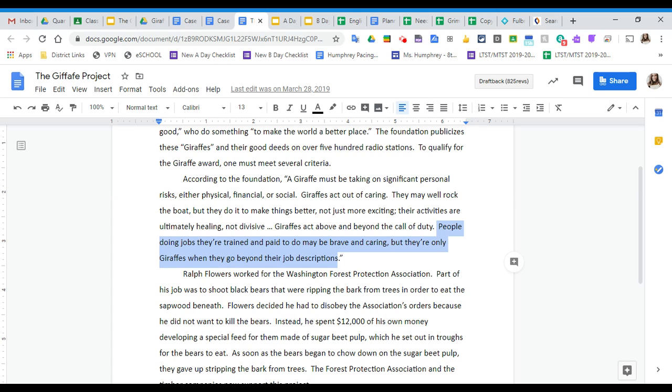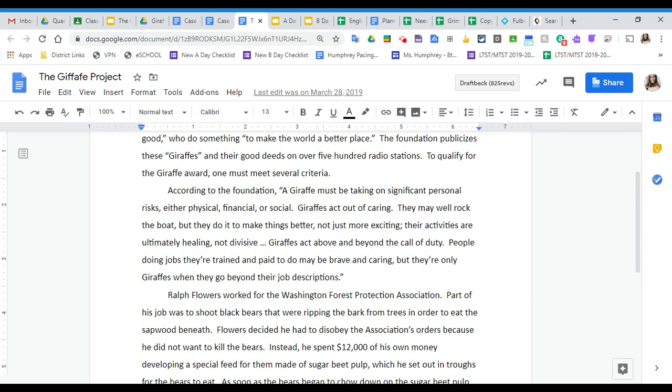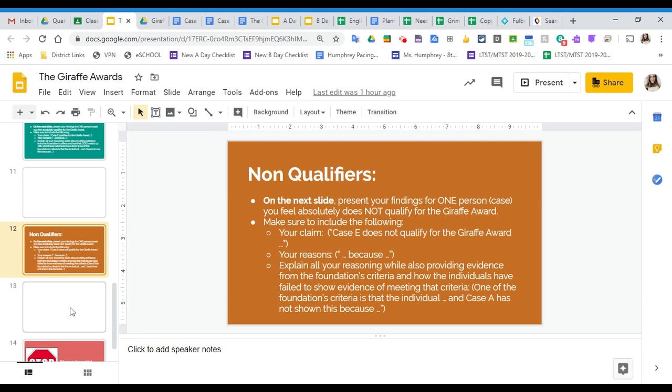But if we're looking at people who are doing jobs like in our cases, we might have someone who is doing a job that they've been trained to do that is a brave and caring job, but they're not doing anything above and beyond their job description. So in that case, you have to be careful and you have to read closely.